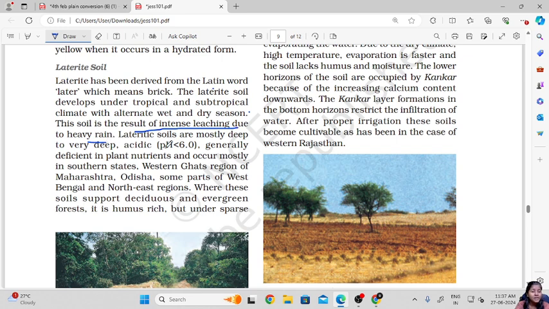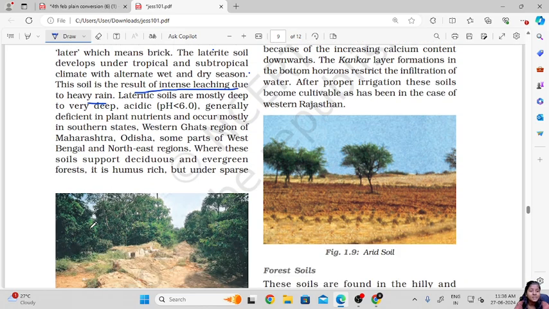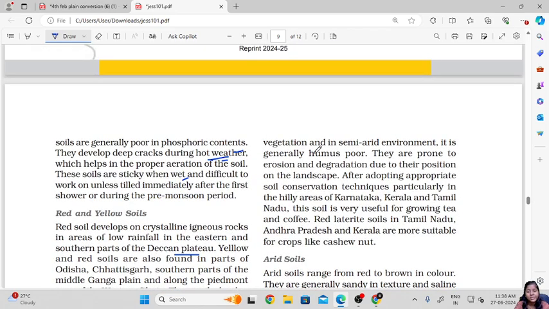Lateritic soils are mostly deep to very deep, acidic, generally deficient in plant nutrients, and occur mostly in southern states, the Western Ghats region of Maharashtra, Odisha, some parts of West Bengal and the Northeast, where these soils support deciduous and evergreen forest. Under dense vegetation it is rich in humus, but under sparse vegetation and a semi-arid environment it is generally humus poor.